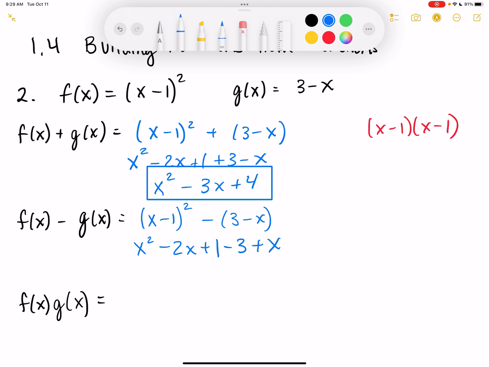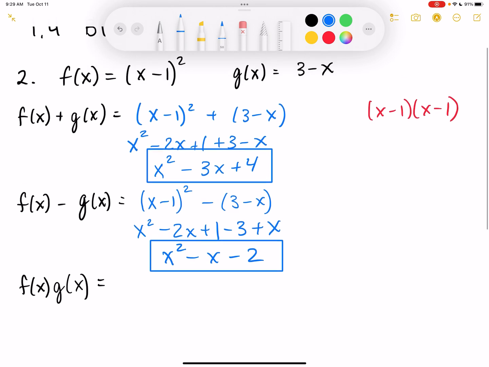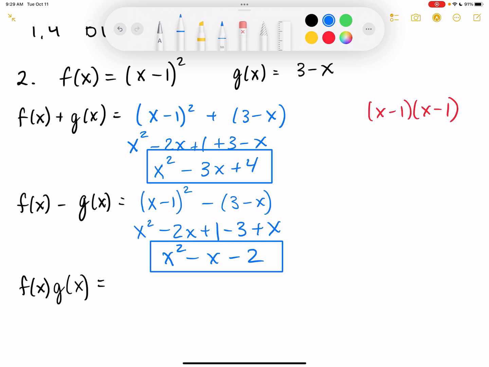Then combine like terms, so we have x squared minus x minus 2.